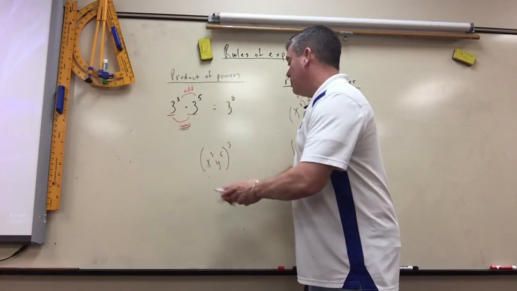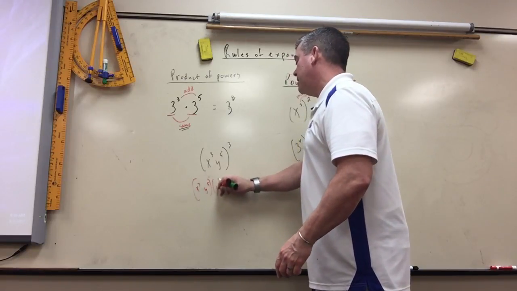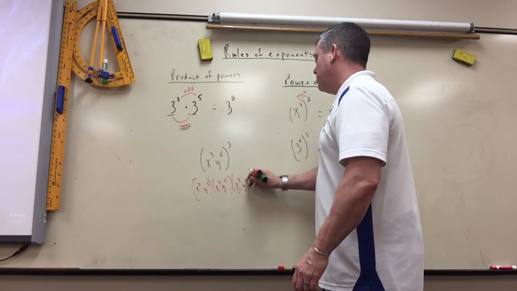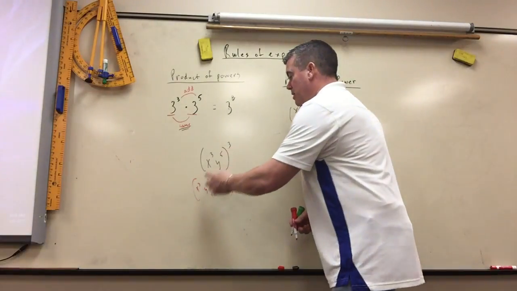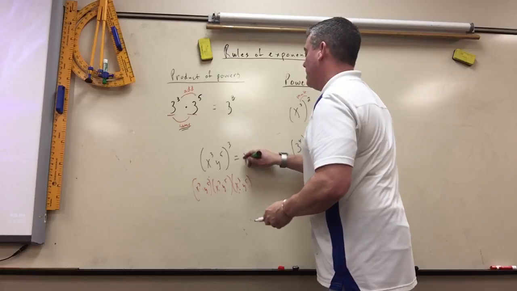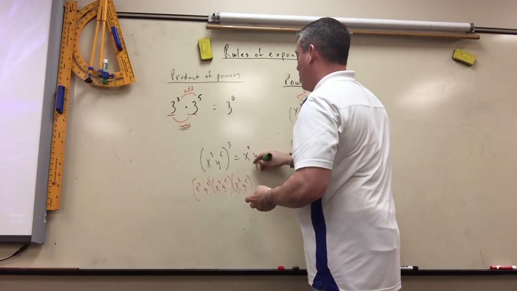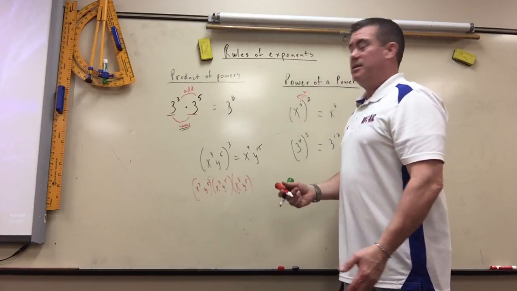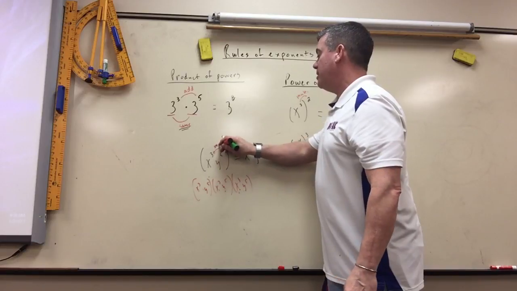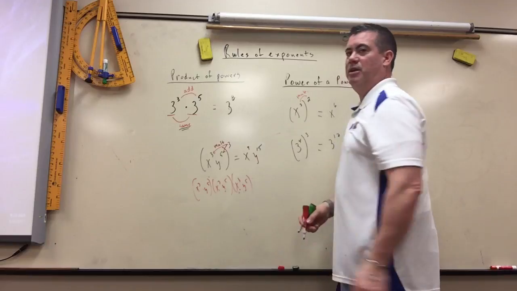If we wrote this out, it would be x cubed y to the 5th times x cubed y to the 5th times x cubed y to the 5th, because there's 3 of them. So you can combine, there's an x cubed, an x cubed, and an x cubed makes x to the 9th. y5, y5, y5 makes y to the 15th. So it's just like this, except there's 2 numbers in here. You got to multiply that. 3 times 3 is 9, and you got to multiply that. 15.